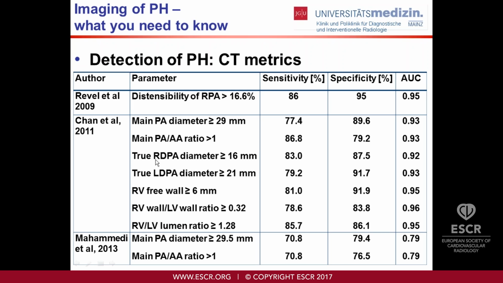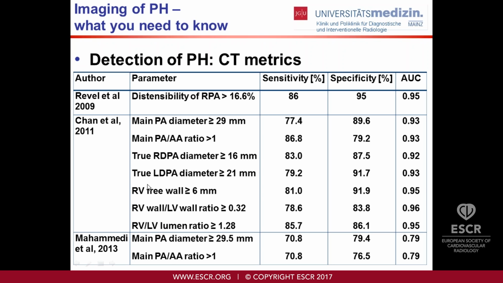Going back to our challenges, the detection of pulmonary hypertension: you can tell from simple CT data sets whether a pulmonary hypertension is present or not. I just give you some marks which have a relatively high sensitivity and specificity in the diagnosis of pulmonary hypertension.